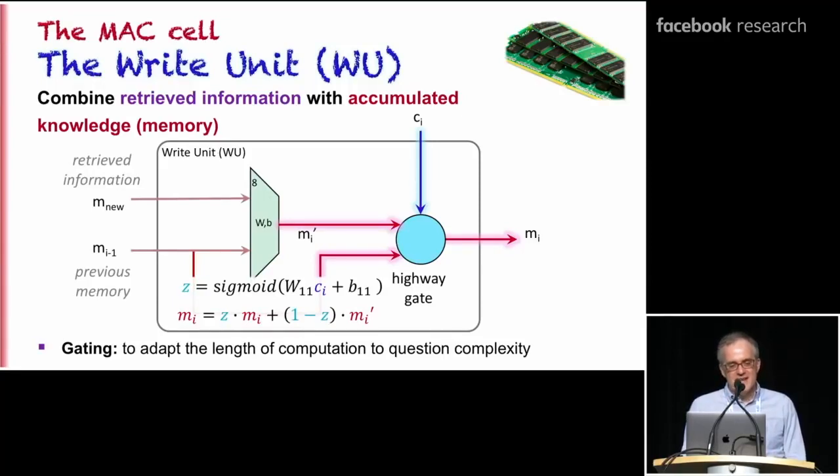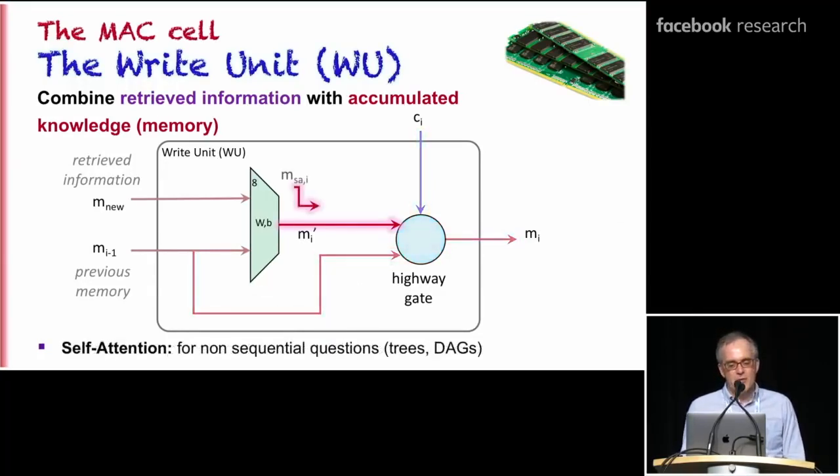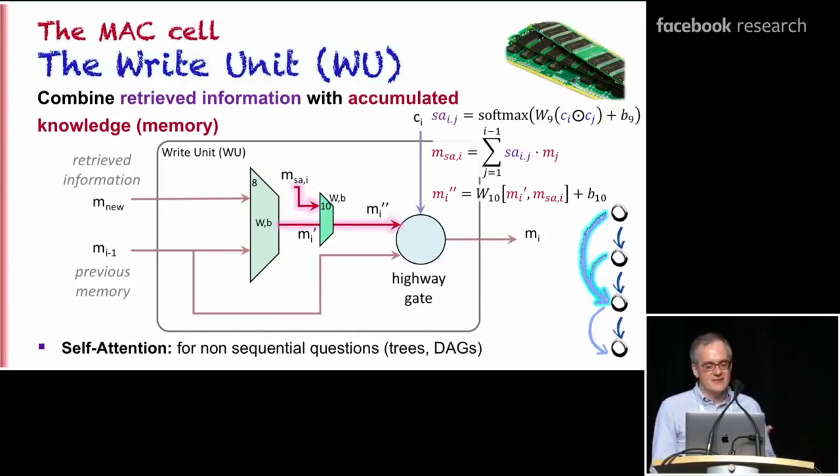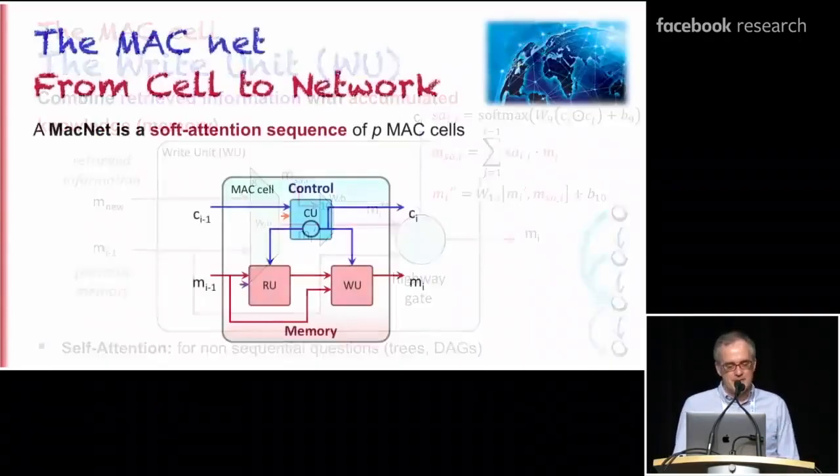Or we had this idea of using self-attention, where you could use all of your memories to help guide the next memory. And so we could put in a self-attention layer so we can make an explicit DAG of inference steps. So concretely, the way we do this is we use a kind of key-value memory network idea, so that we're taking the attention distribution between preceding control states and using that to access preceding memories.